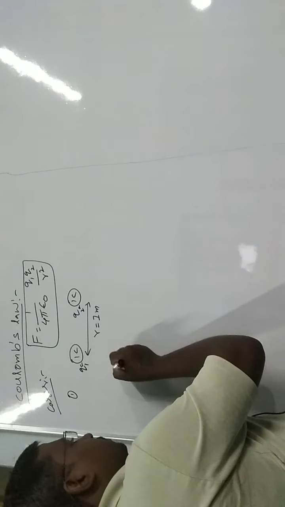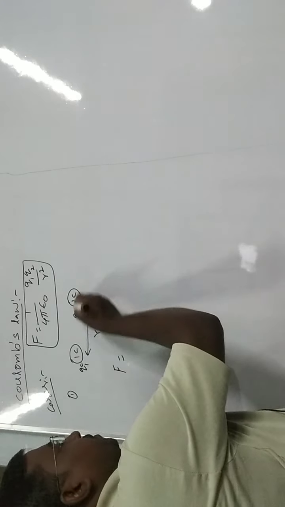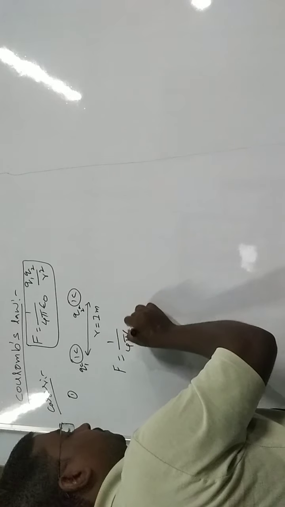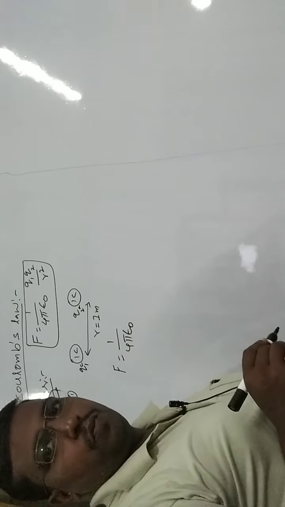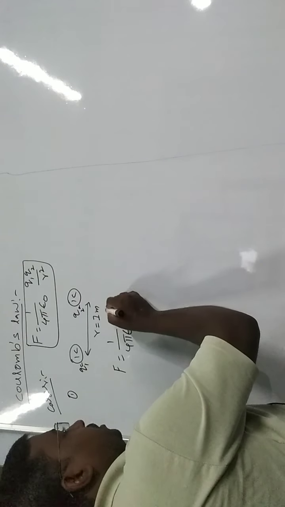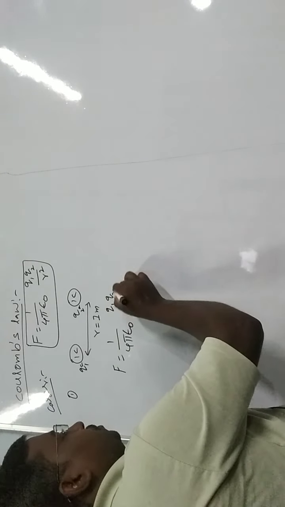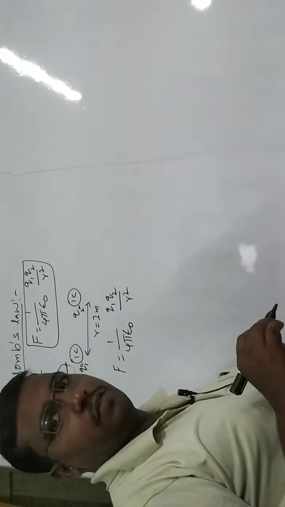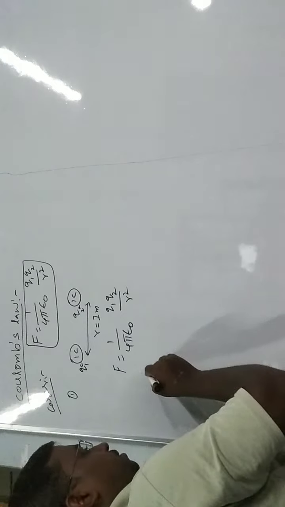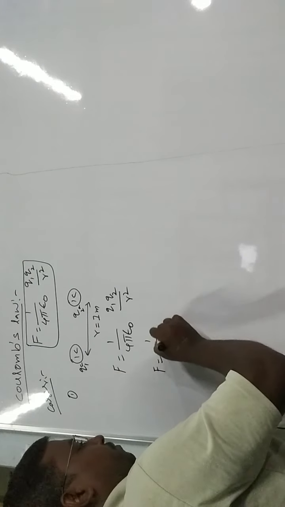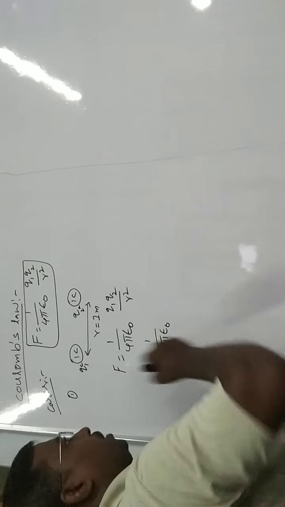We know that this force F, with the charges in air between them, is 1 by 4 pi epsilon naught, and Q1, Q2 by R square. Okay, students? Now, this force F equal to 1 by 4 pi epsilon naught, Q1 and Q2.